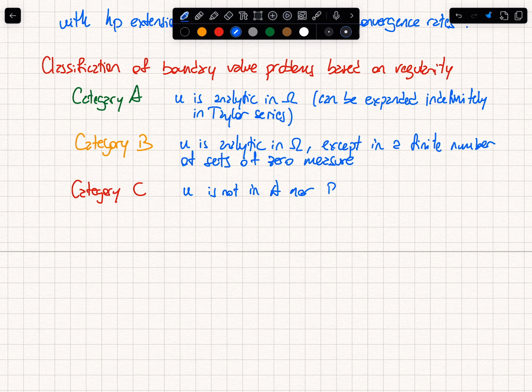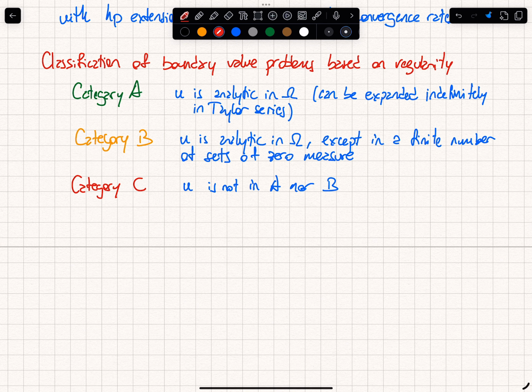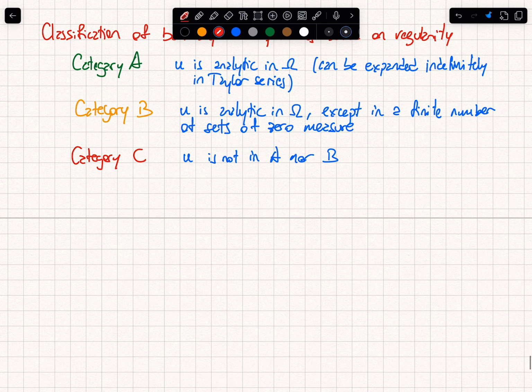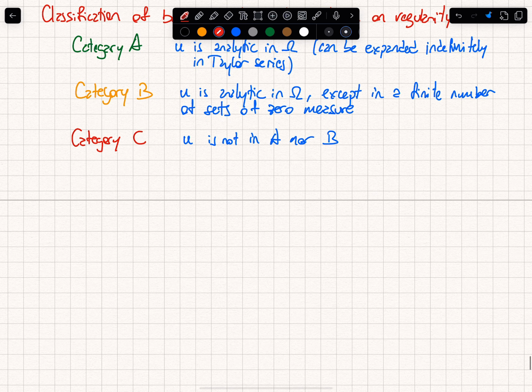Now that we have some classification and we understand that there are some different kinds of boundary value problems, let's see what theory predicts for each one of these problems. And then we get into the so-called a priori error estimates.